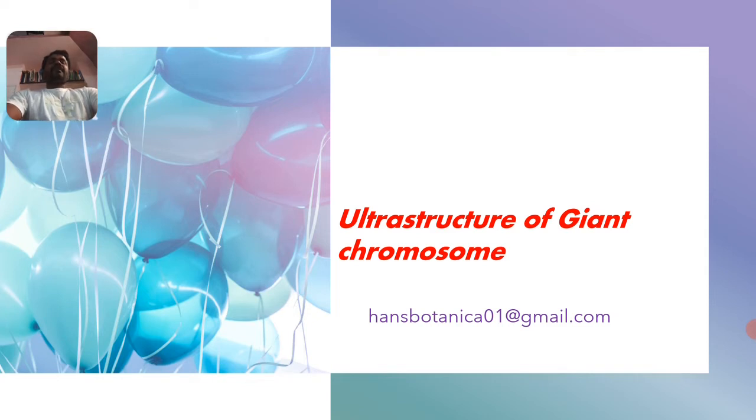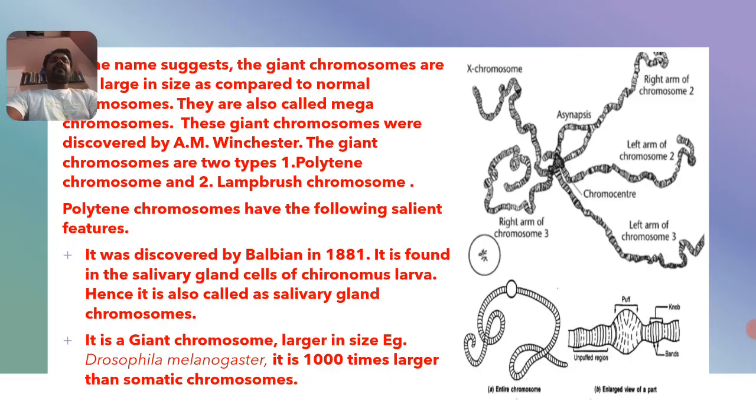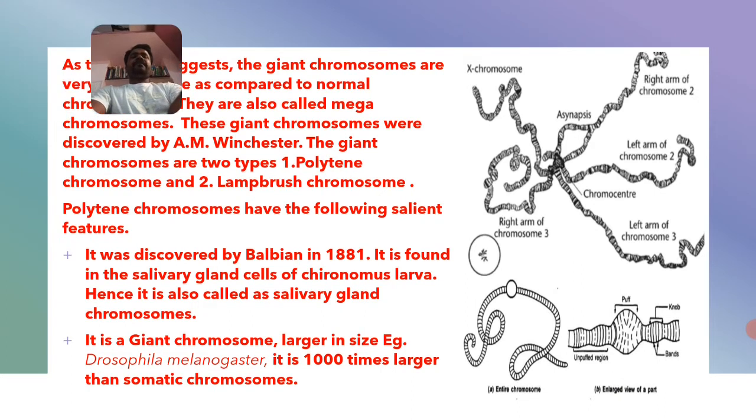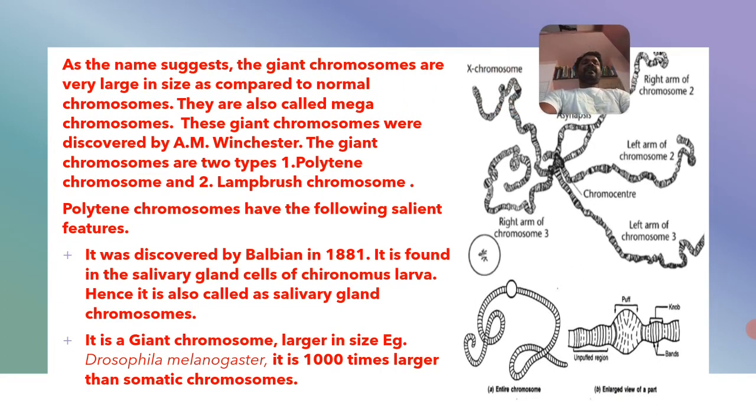Today we are discussing another aspect of the chromosome, that is the ultrastructure of giant chromosomes. So what does giant refer to? It refers to long or larger chromosomes. As the name suggests, giant chromosomes are very large in size compared to normal chromosomes.